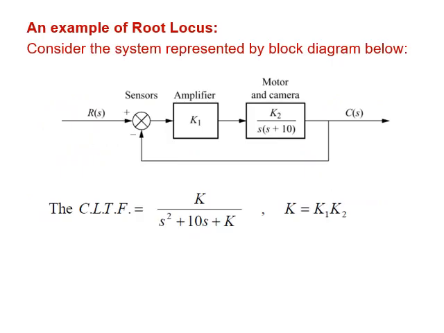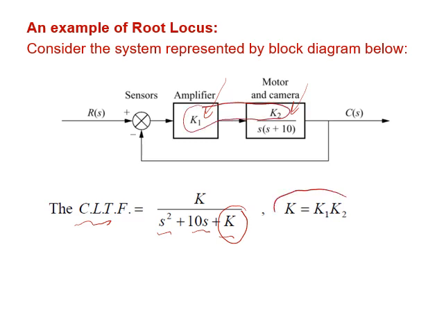Consider this system with open loop transfer function K1 multiplied by K2 over S times (S plus 10). To show the root locus of this system, we find its closed loop transfer function, which is K over S squared plus 10S plus K. So K appears in the denominator, where K is the product of K1 and K2.